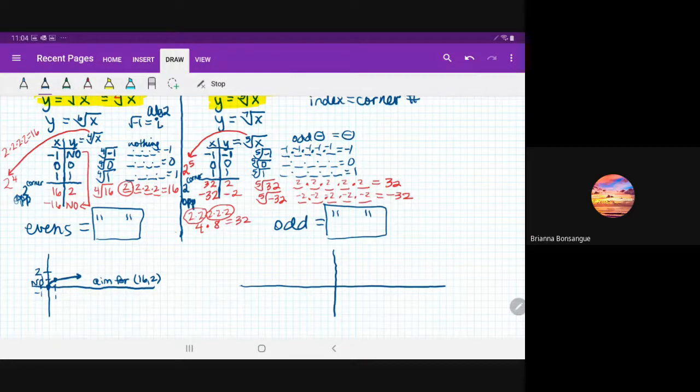So really you're graphing these 3 points, okay? These 3 points that I just highlighted, but 16, 2 isn't going to fit on your graph. So you're really only graphing 2 points and then aiming for 16, 2. And that's it.